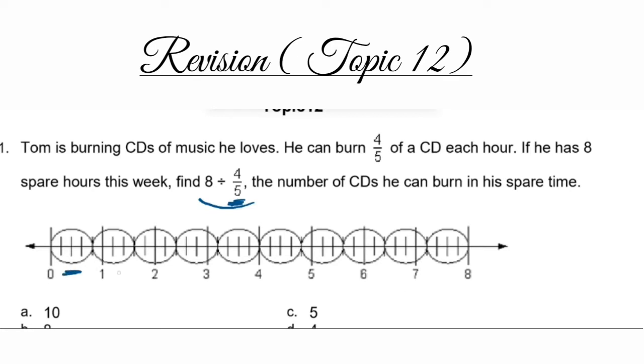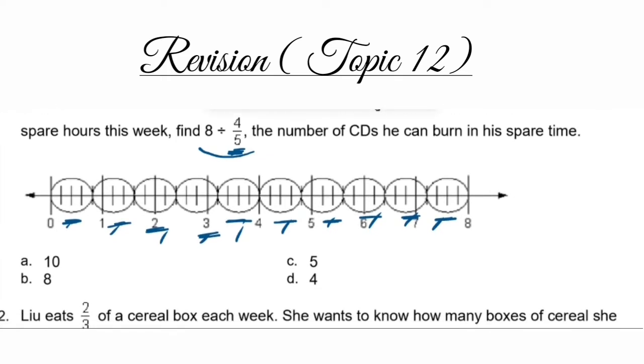Let's count the number of 4/5 in a whole 8. 1, 2, 3, 4, 5, 6, 7, 8, 9, 10. So we have 10 4/5 in a whole 8, and the answer is A.